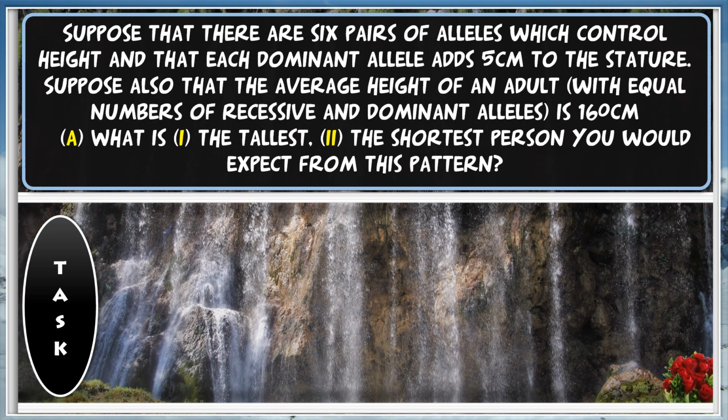Part A. What is 1, the tallest, and 2, the shortest person you would expect from this pattern?